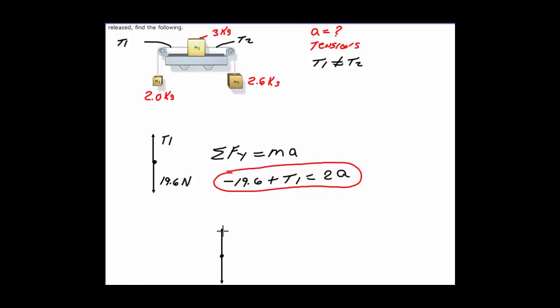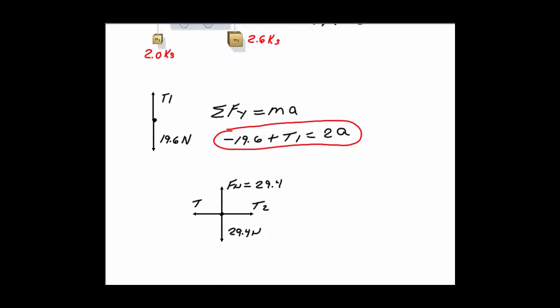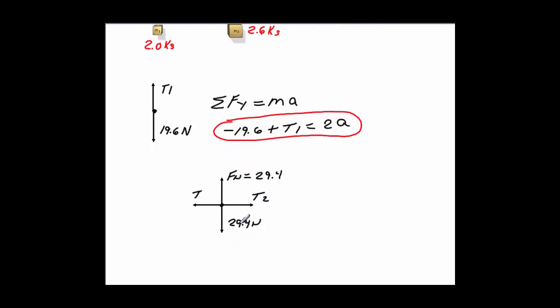So a force here, a force here, a force here, and a force here. 9.8 times 3 gives me 29.4 coming down. The normal force pushing back up, that's going to be the table, is going to equal 29.4. We'll have our T2 here and a T1 here. Obviously, in this case, the summation of forces in the y direction is equal to 0.